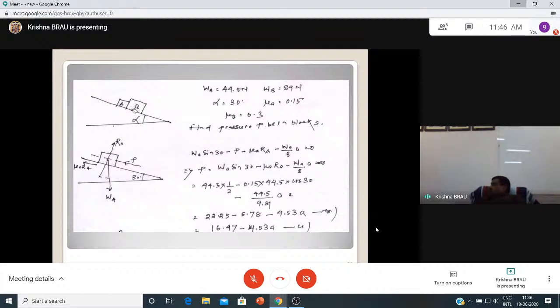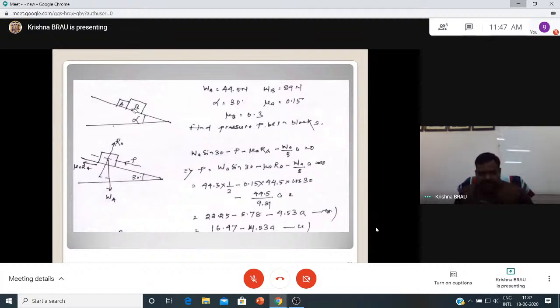Alpha is equal to 30 degrees. Mu A is 0.15 and mu B is 0.3. That is the given data.